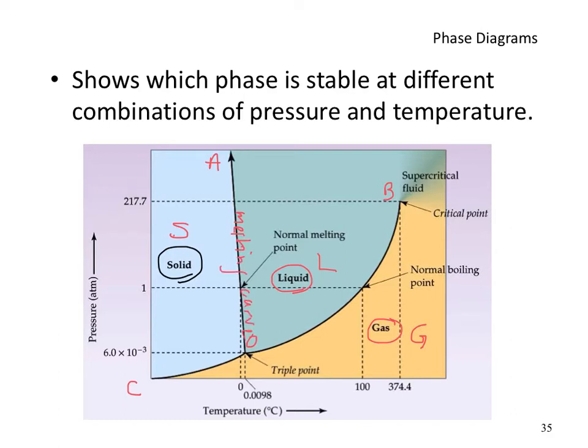Likewise, if you consider liquid to gas, that is where vaporization will take place. So there'll be many vaporization points, and this curve OB is going to be referred to as the vaporization curve, and likewise the OC is going to be my sublimation curve.